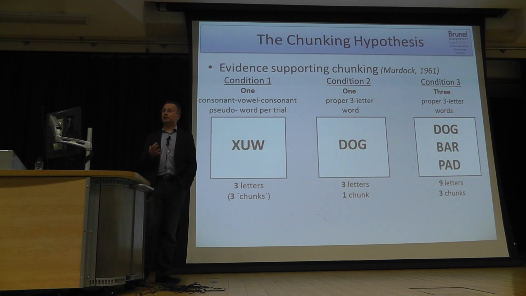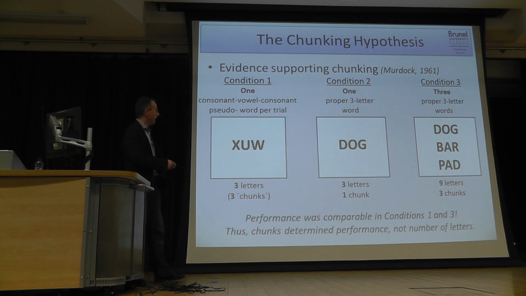If it's on the basis of chunks, this condition and this condition should be similar because they both have 3 chunks. And it turned out that indeed condition 1 and 3 result in pretty similar performance. So it's actually the chunks of information which count for our short-term memory capacity.